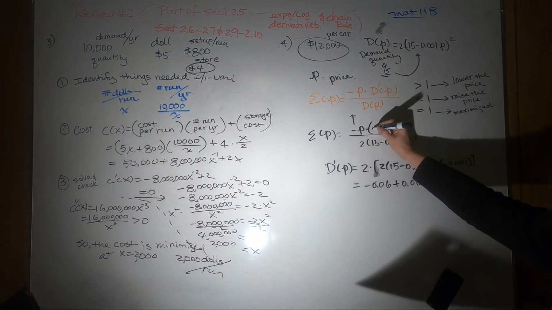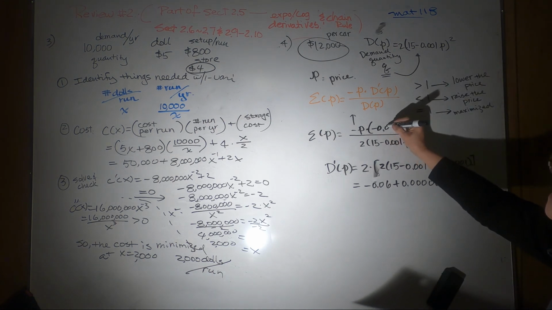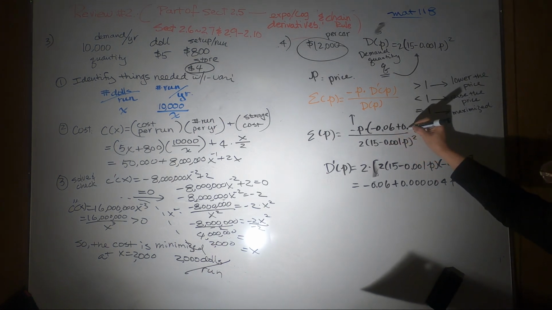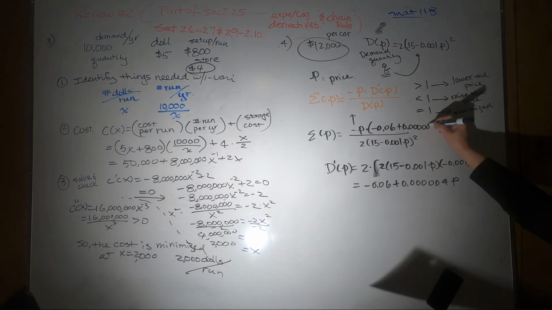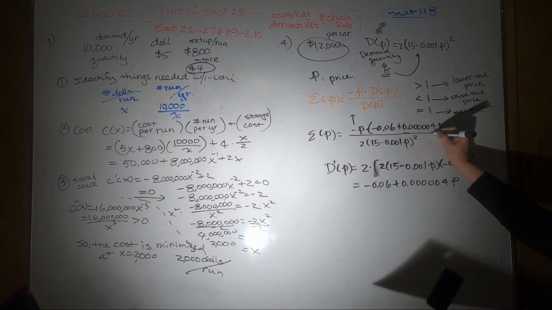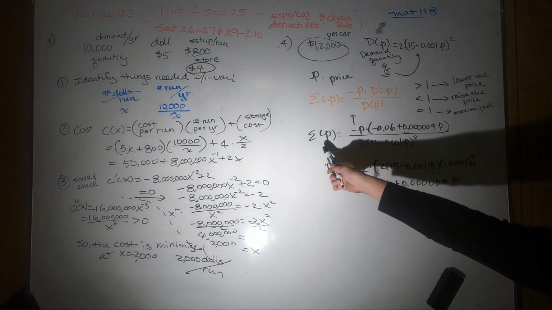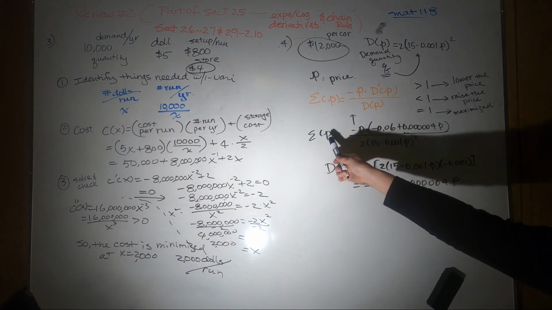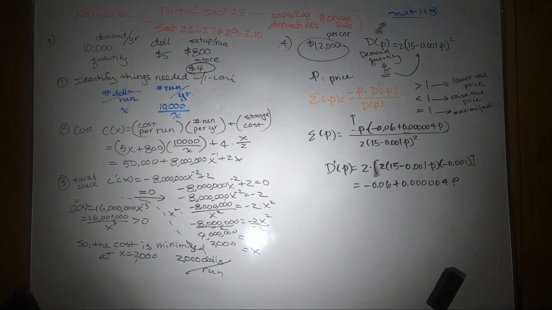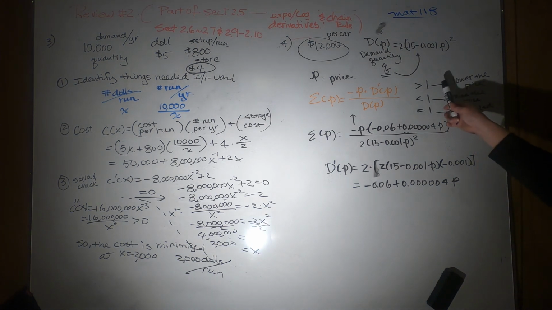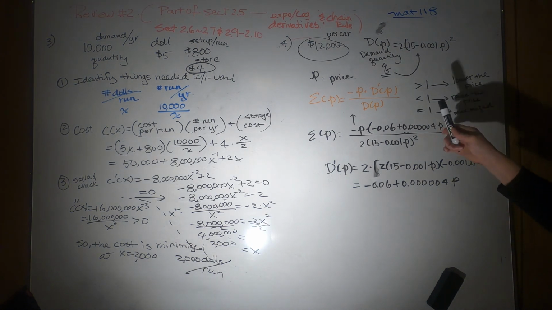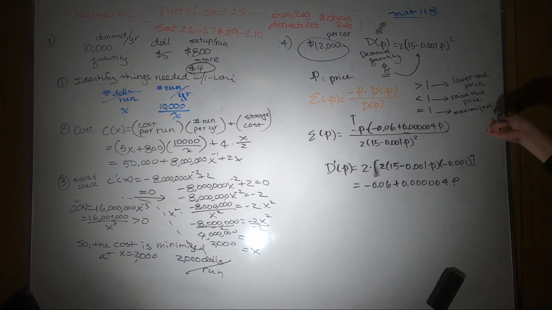Okay, so we put in here negative 0.06 plus 0.00004P. That's our elasticity of demand according to the price. That's our E value. Then what's the question? We want to find out if the E value is bigger than 1, smaller than 1, or equal to 1, so we can decide what to do, right?